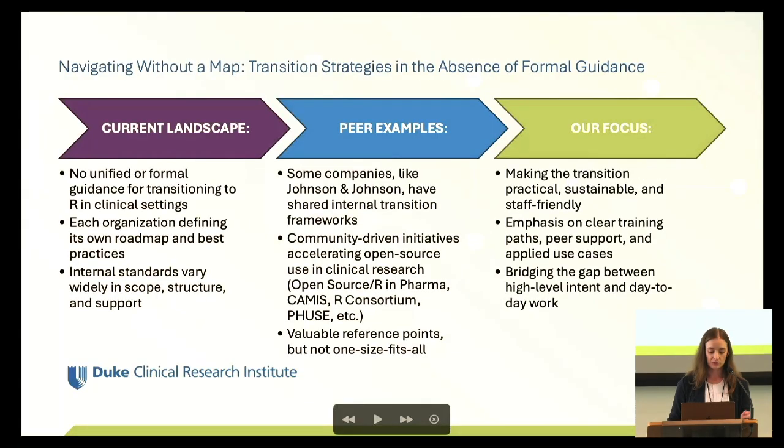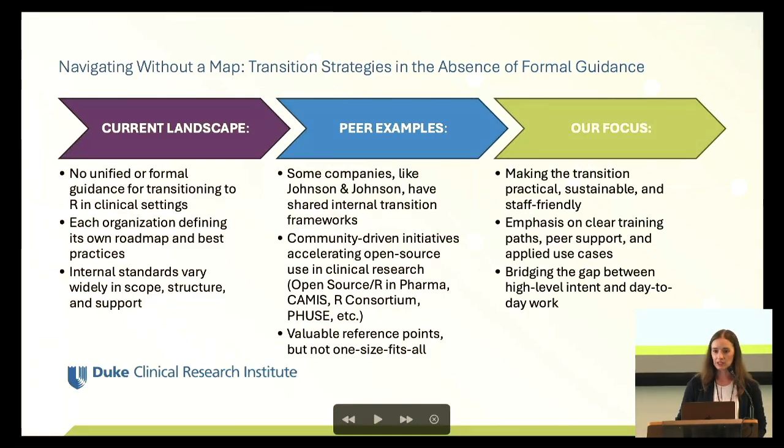As I mentioned, currently we're facing a transition period, and there's no one-size-fits-all solution for a transition. Because different organizations have different roadmaps and different standards, it is very difficult to come up with one plan.